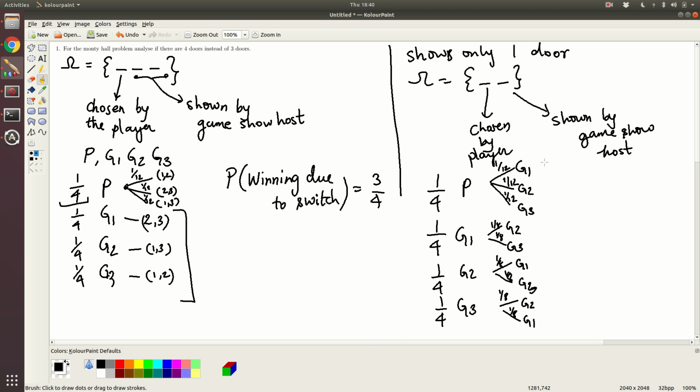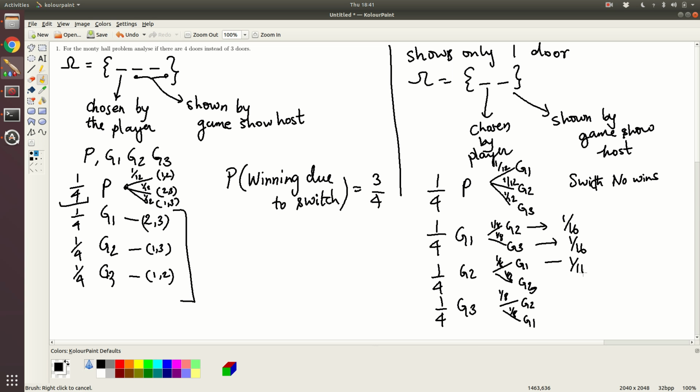Now in none of this, no one wins here if he switches. If the candidate switches, the chance that he will win: 1/8 is the chance that it is in G2, and then if he switches, half the time he will win, so this will be 1/8 by 2, which is 1/16.